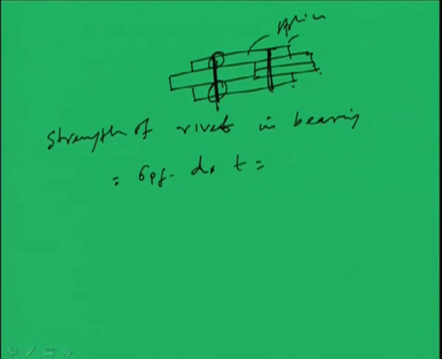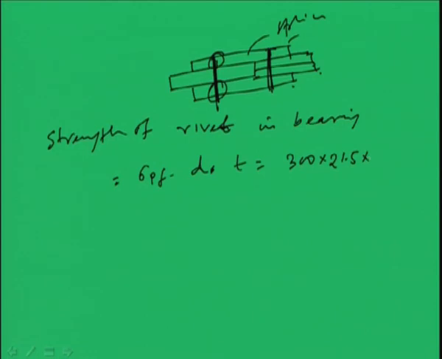Now, the strength of rivet in bearing, so that will become sigma Pf into d into t. So, 300 into d is 21.5, and t is the thinner part of the plate.